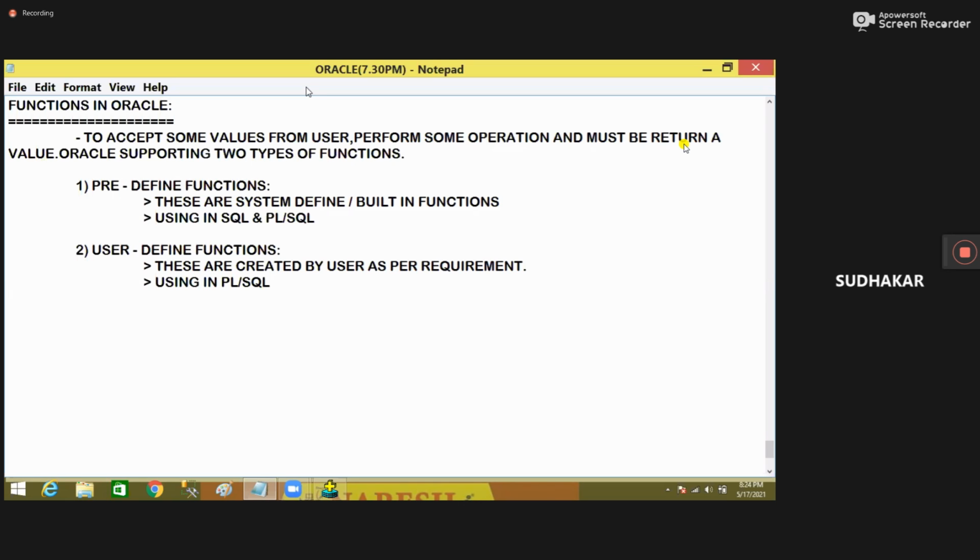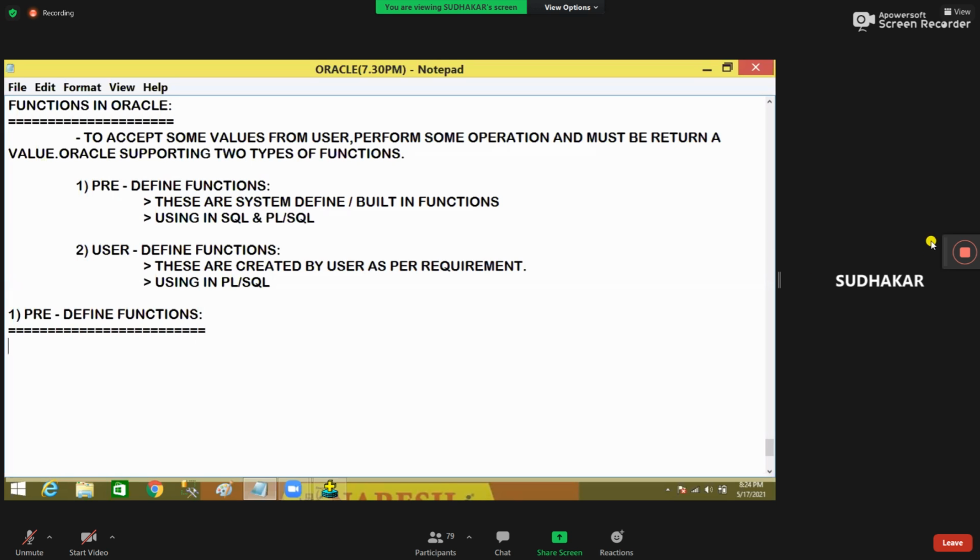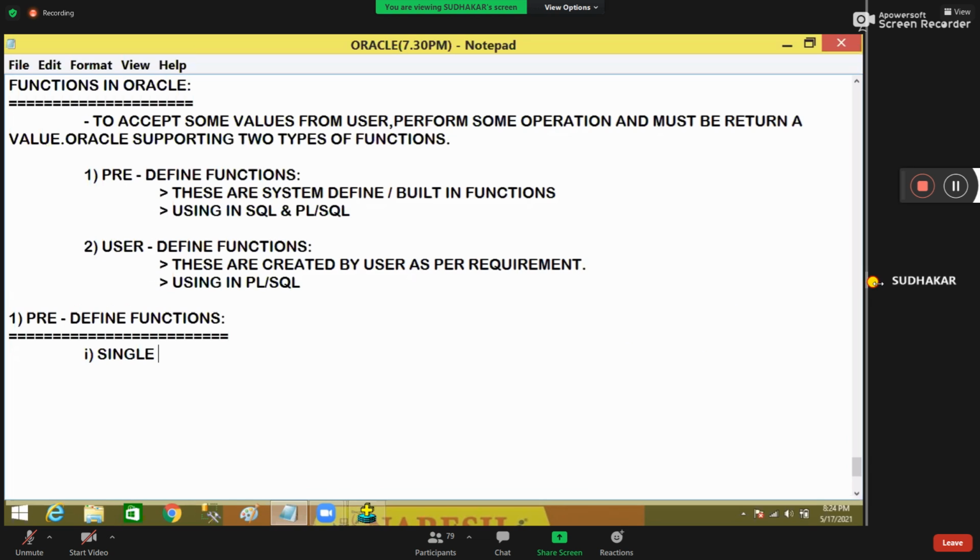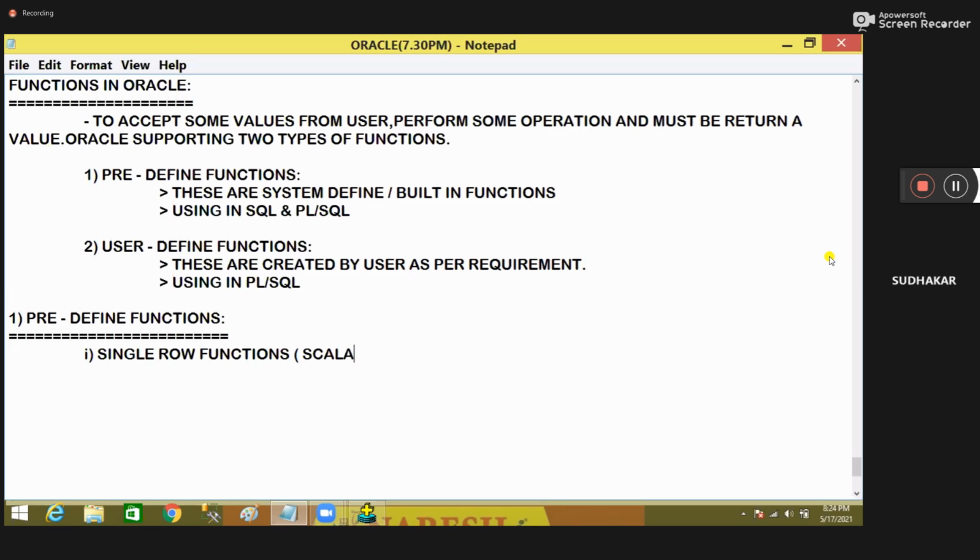But now, in this SQL part, we are going to check out predefined functions first, because predefined functions can be used in both SQL and PLSQL. So let me check out what predefined functions are. Again, there are two categories of predefined functions. The first one is called single row functions, otherwise we can call them scalar functions.